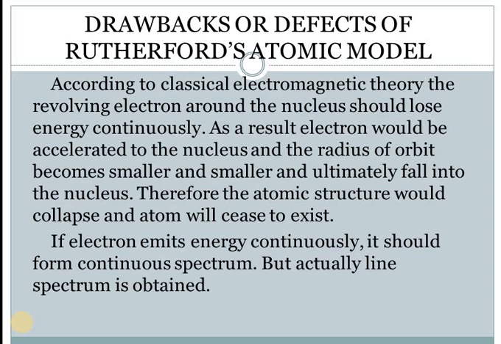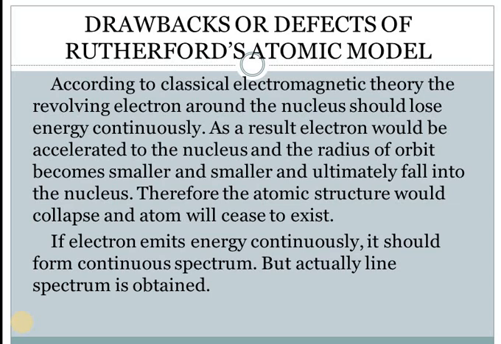After proposing all this, Rutherford's atomic model, later on when different scientists worked, they found that there are certain drawbacks, or you can say certain defects, for Rutherford's atomic model. And what are they? According to classical electromagnetic theory, the revolving electron around the nucleus should lose energy continuously.